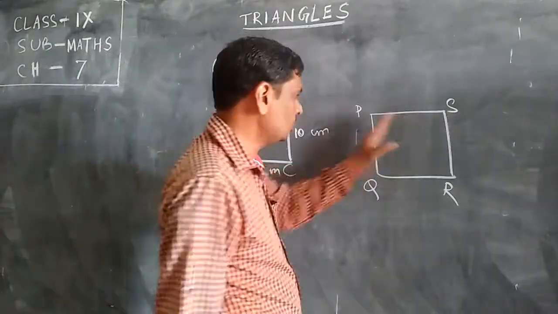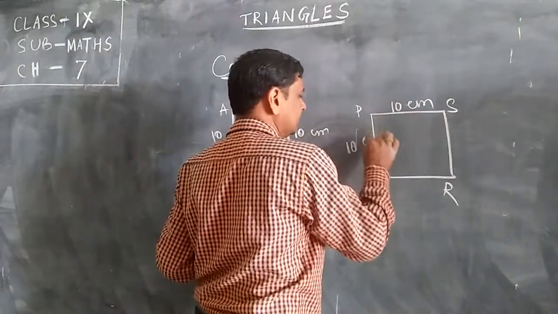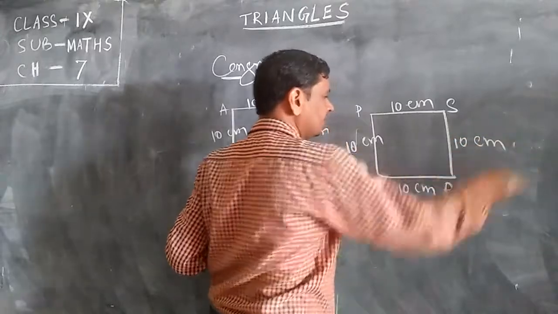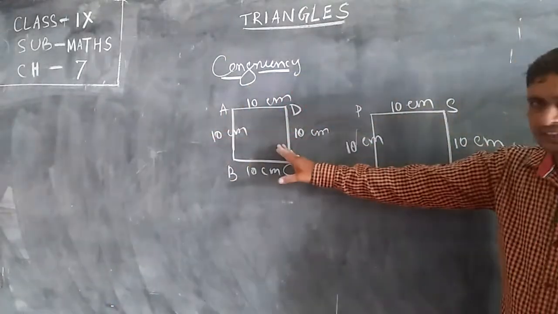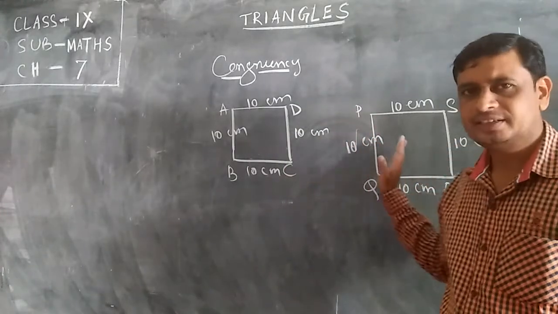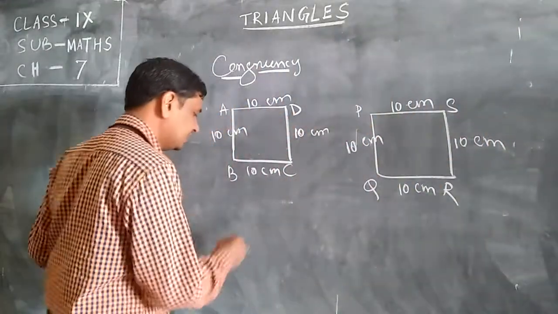This square PQRS also has sides of 10 cm, 10 cm, 10 cm and 10 cm. Since the sides of square ABCD and square PQRS are equal, we say both the squares are congruent.